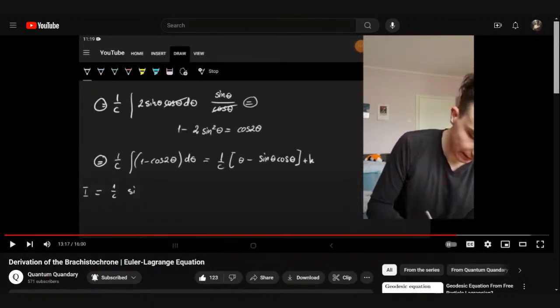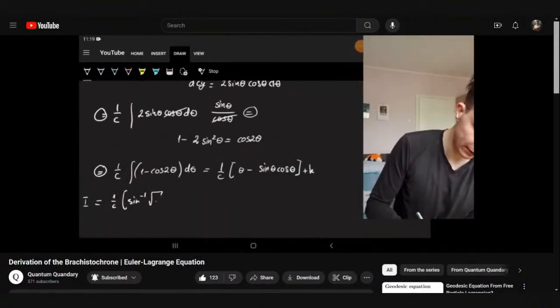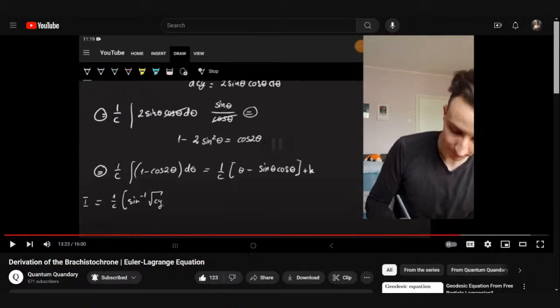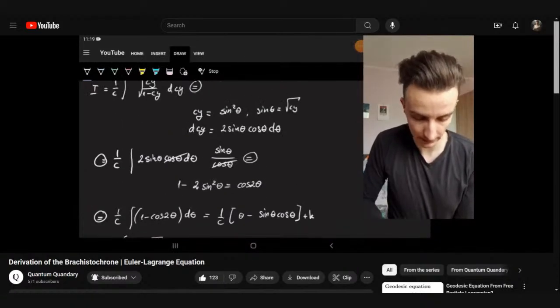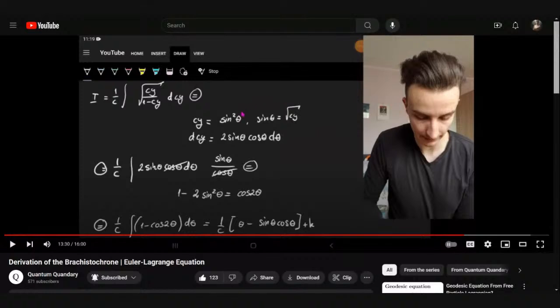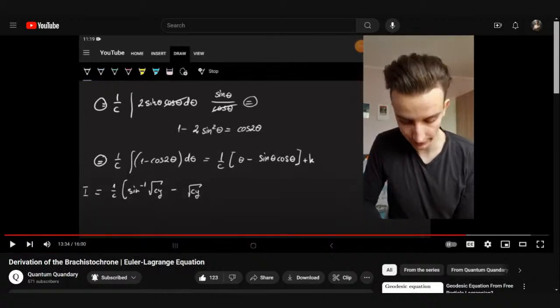He should have written out what theta is separately. Theta is sine inverse of the square root of cy. Okay, that's theta minus sine theta. And sine theta is the square root of cy, and then cosine. So what is cosine? That's like cosine squared plus sine squared.